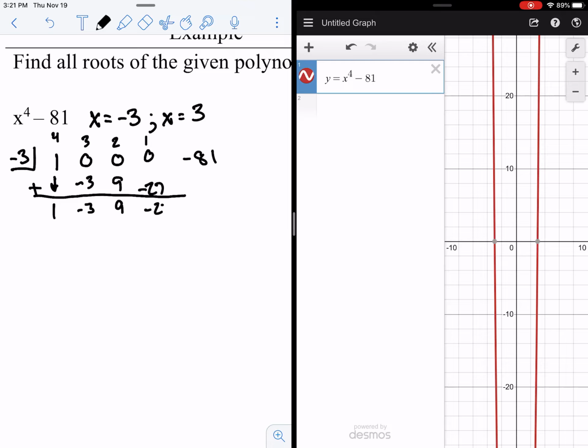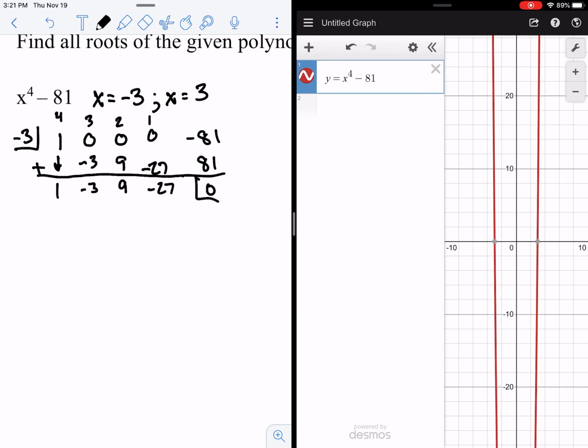So that's -27. These multiply to give you +81, and we add, and I get 0. Now from dividing polynomials, we know this is my remainder, this is my constant, this is degree of 1, this is degree of 2, this is degree of 3. Okay, so I've now used this -3.